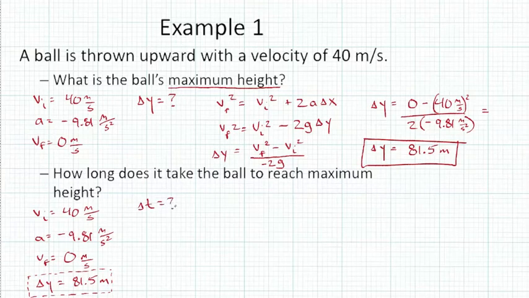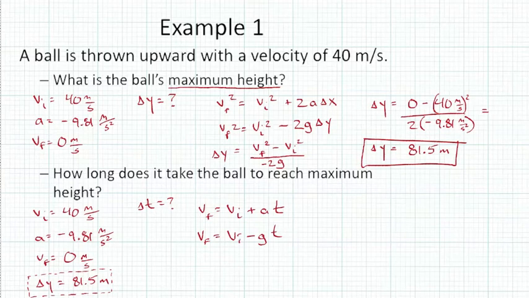Well, we can find that by using our equation number 1 for kinematics. If you recall, final velocity equals initial velocity plus acceleration times time. Well, let's write that in terms of g. Final velocity equals initial velocity minus g times time. So let's solve it now for time.